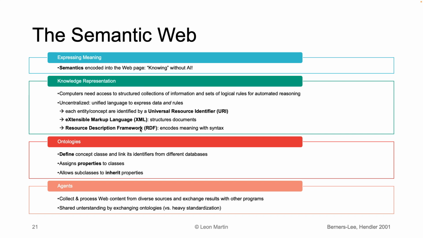And we have agents. Agents are tools that collect and process web content or data content or information from diverse sources and exchange those results with other programs. And by that, those agents can build a shared understanding by exchanging those ontologies, versus a heavy standardization. So we don't need everything in the same place.